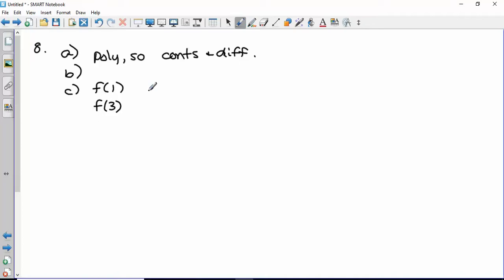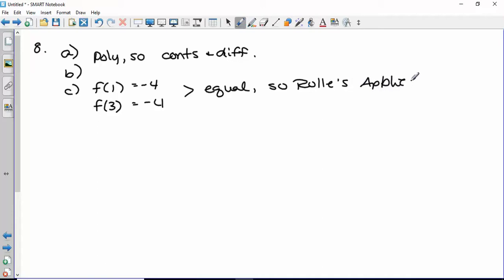If you plug a 1 into your problem, we get -4. We put in a 3, we get -4. So these are equal. So Rolle's theorem applies. Okay, that's just telling me that I can do Rolle's theorem.